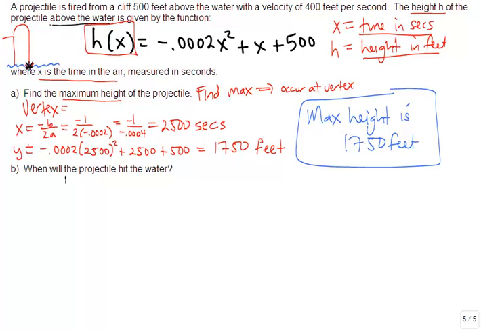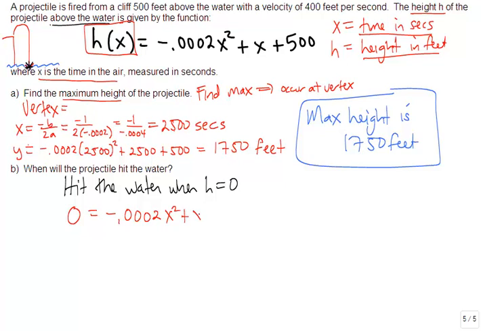So the projectile is going to hit the water when your height is 0. So all we have to do to answer this question is plug in 0 for this h over here. So we're going to get the equation 0 equals negative 0.0002 x squared plus x plus 500.